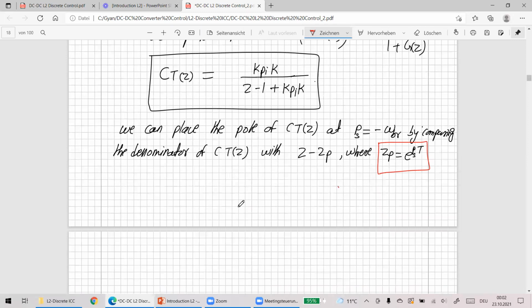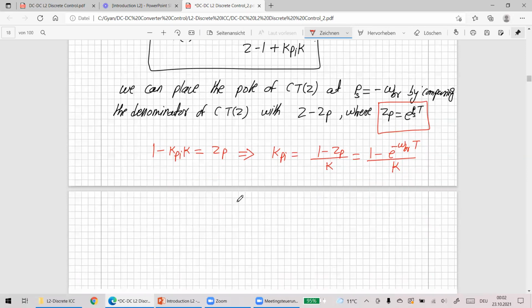So once we compare the denominator, what we get is 1 minus KPI into K is equal to ZP. And this means our KPI is equal to (1 minus ZP) by K. And we can replace the value of ZP as e power minus omega BR into T, over K.